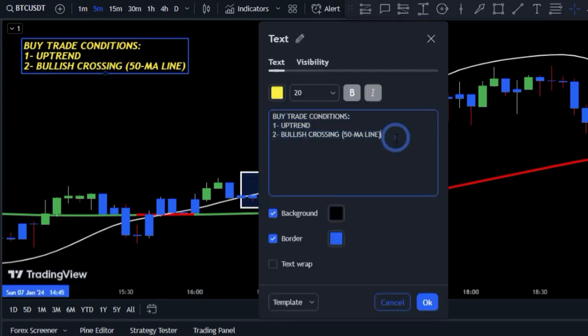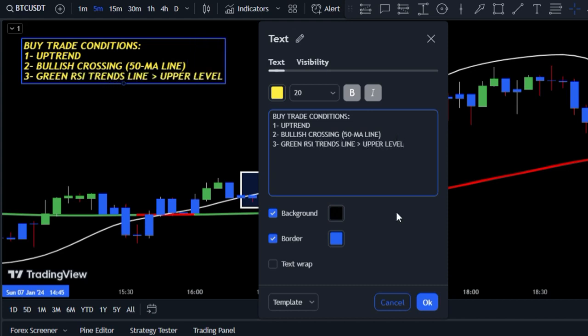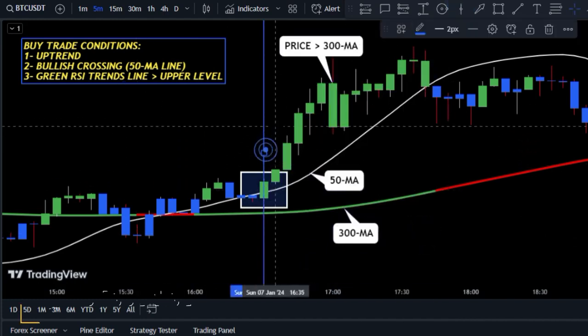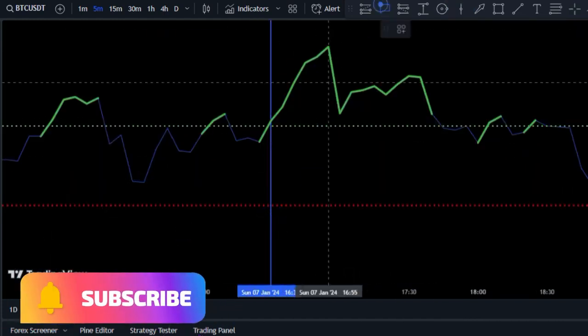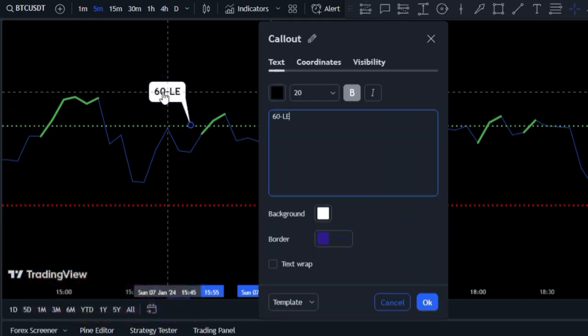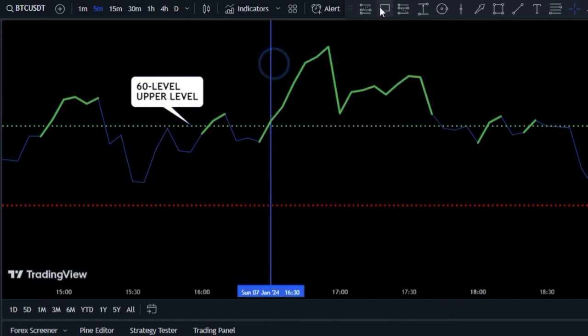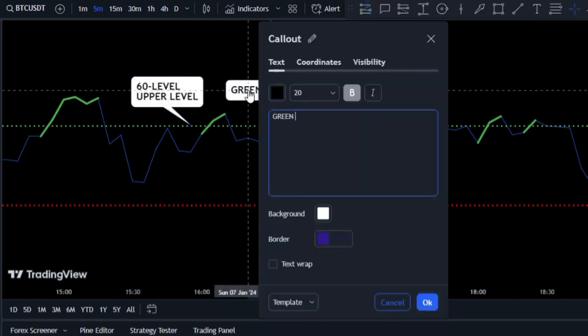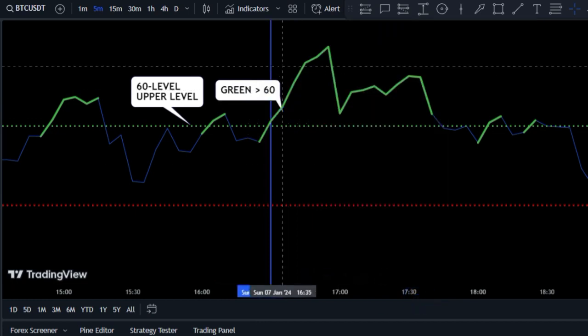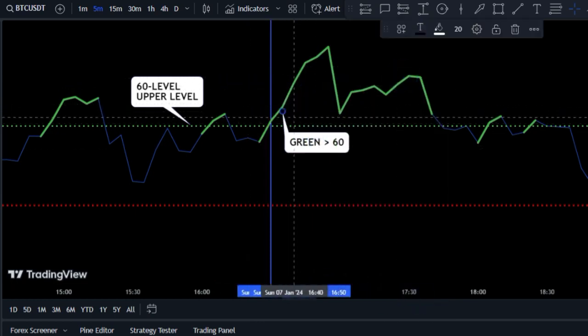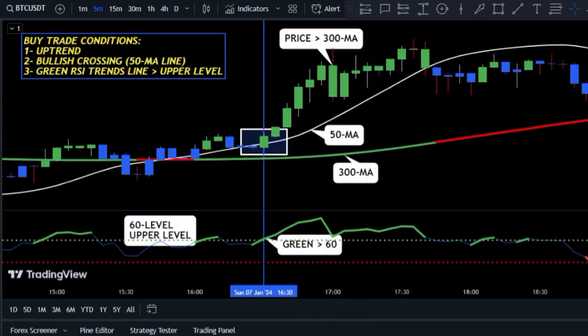Finally, we need to check that the RSI trends indicator is colored green and positioned above the upper level. Once all three of these conditions are satisfied, we can confidently enter a buy position.